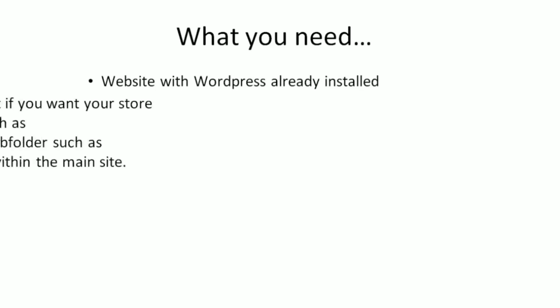Okay, so what I want to talk about right now is what you need before you can get started. Before we even dive into the video course, you are going to need these things. Obviously you're going to need a website with WordPress already installed.